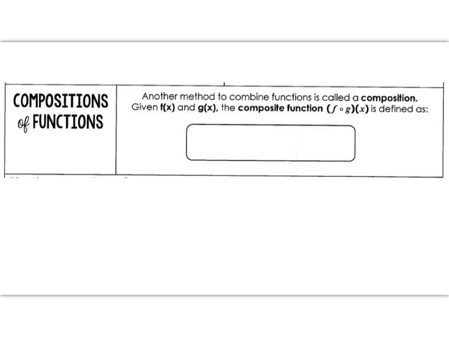If you're given f of x and g of x, the composition function f of g of x, where this little open circle means "of" as well, is defined as, this is how we would write it: f circle g of x equals f of g of x. It's just two different ways to write it. It's read exactly the same. All right, let's do a few examples on how exactly we do this.